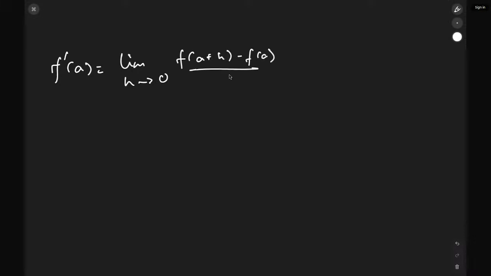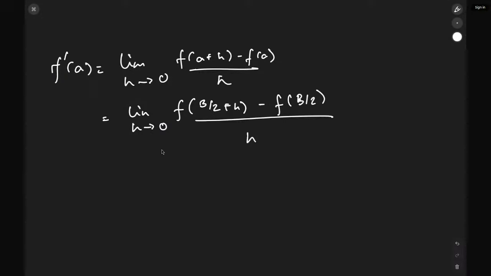Now to check the differentiability at this point, we will write f dash a is limit h tends to 0 f a plus h minus f a whole divided by h. So limit h tends to 0 f(3 by 2 plus h) minus f(3 by 2) whole divided by h.